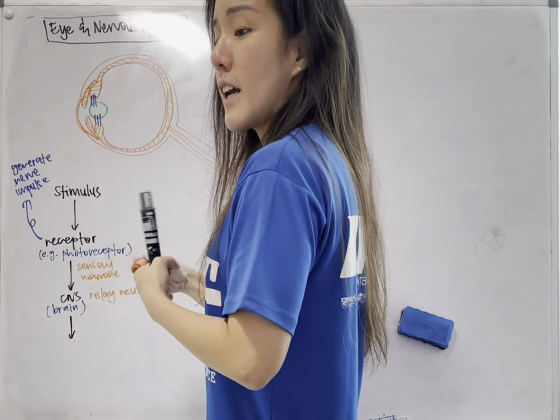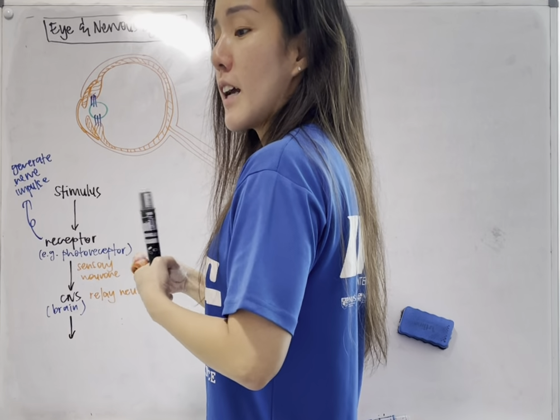What's another name for the fovea? Yellow spot. It's also good to know the type of photoreceptors your fovea has in highest concentration. Cones.